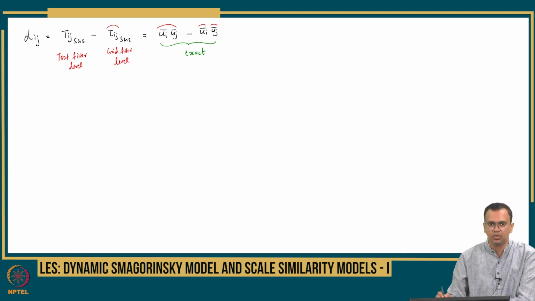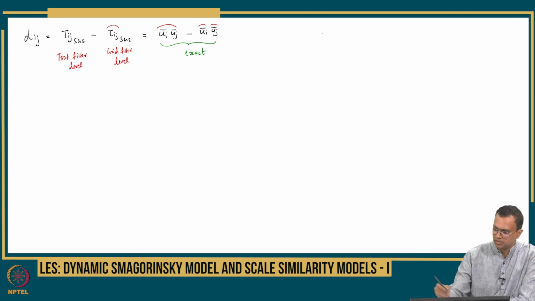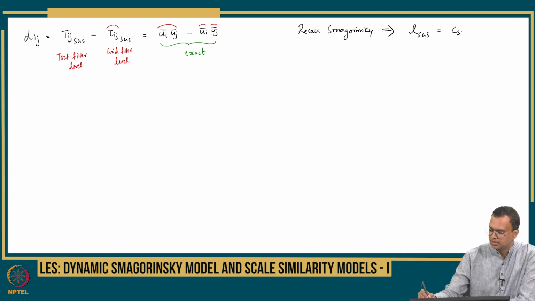So essentially what we are doing is, in a Smagorinsky model we want to compute, if you recall, in Smagorinsky the length scale is the subgrid length scale, right? So this LSGS, let's call it, was essentially CS delta, right?